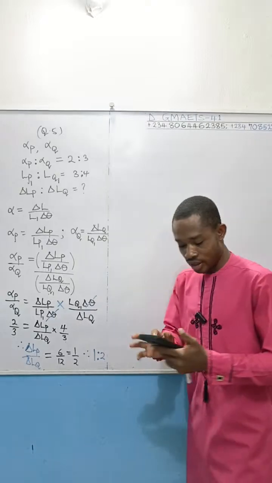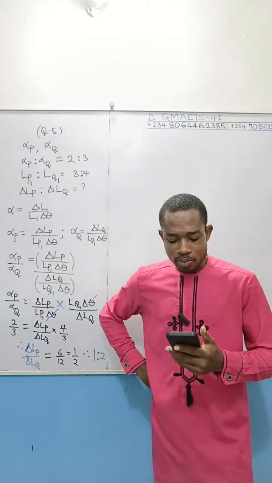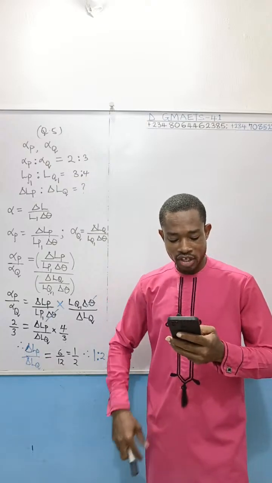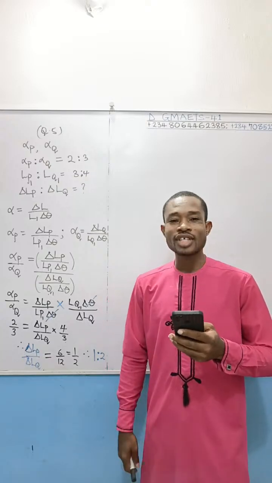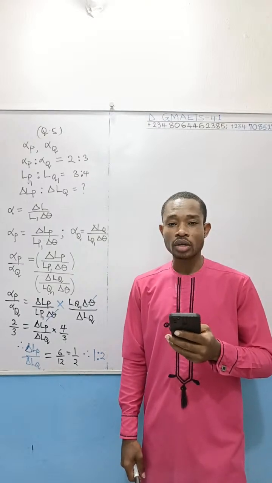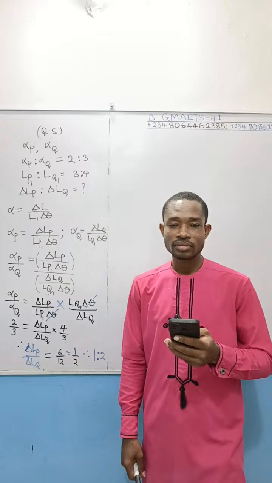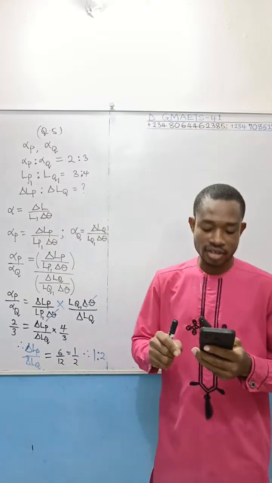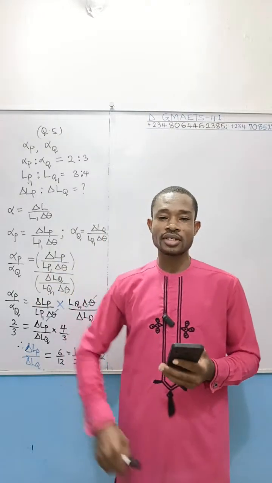Question number 7 reads: a glass bottle of initial volume 2 times 10 to the power of 4 cubic centimeter is heated from 20 degrees centigrade to 50 degrees centigrade.